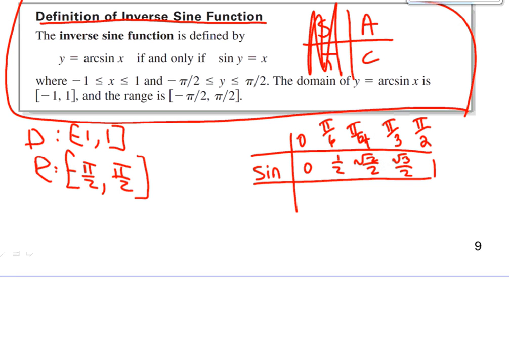And so this gives us our values. Now, when we're looking at this, our x values are going to be here, our domain, and our y values or our range is going to be those different angles, falling within the first and fourth quadrants. So we get either a positive or a negative value as we go through.